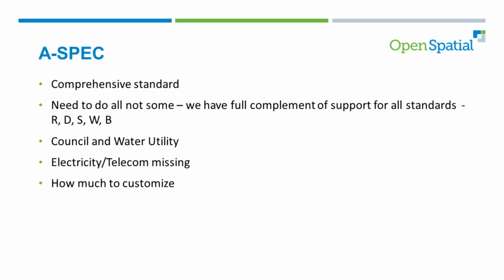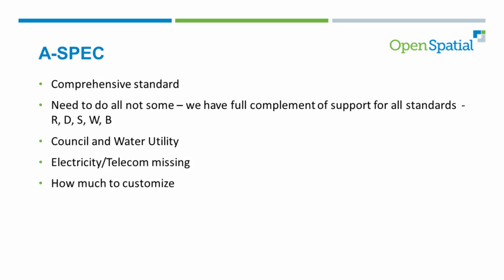So in A-Spec, for example, what A-Spec would have is a code list or a lookup list, or whatever you want to call that, that covers all the utilities for the entire user base. So that would be in quite a wide area. Now, within your organization, you may have a subset of that code list.